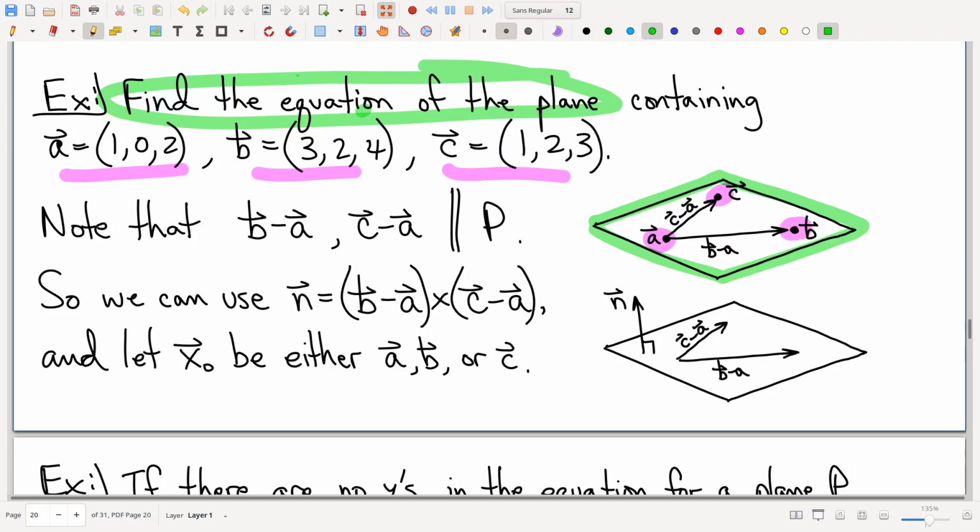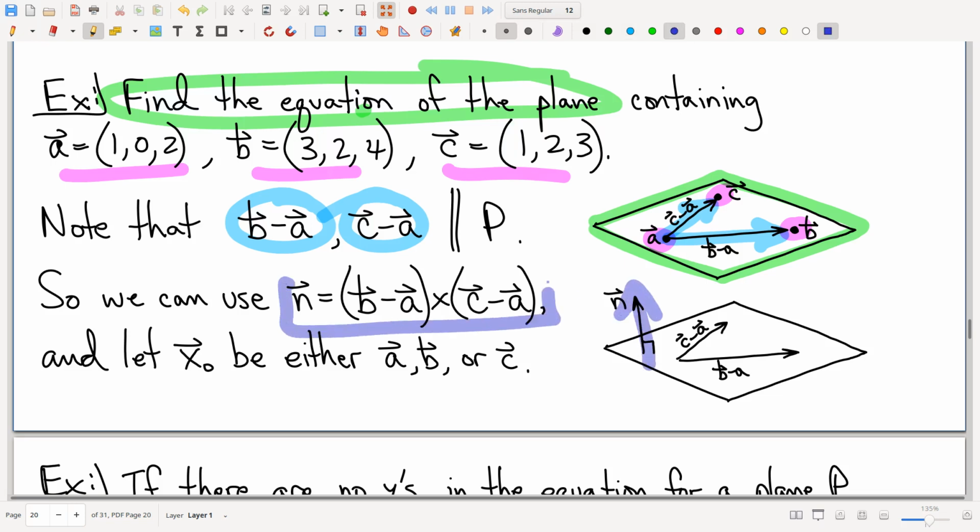And the big trick here, for which I thank my mathematical predecessors, is to subtract one of the points from the other two, like this, and observe that that means that these two vectors, b minus a and c minus a, have to be parallel to the plane, and therefore that their cross product must be perpendicular to the plane. Neat trick, right? I wish I had thought of this originally, but somebody showed me.